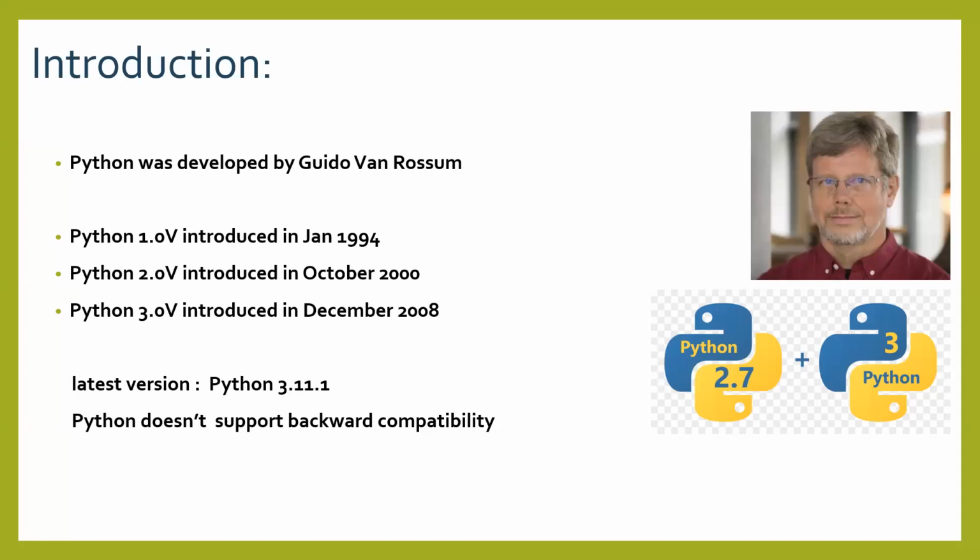Currently, we are working on the Python 3 version. There is no Python 4.0 version; it is not yet released. Currently we are working in version 3.11.1. You can see on the screen, the latest version of Python is Python 3.11.1. You can go to Google and search for the latest version of Python.